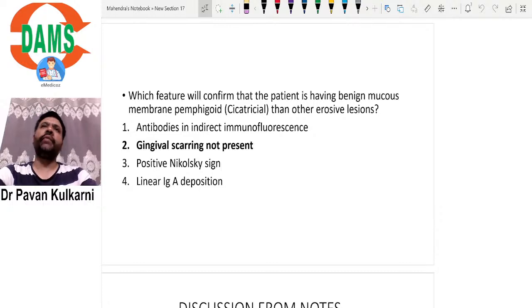How to differentiate benign mucous membrane pemphigoid from other erosive lesions is scarring. The name itself will tell us scarring, cicatricial. So gingival scarring is not present. That is basically what you have to remember, which is wrong here. So we confirm that scarring is a feature that will be seen in case of benign mucous membrane pemphigoid.